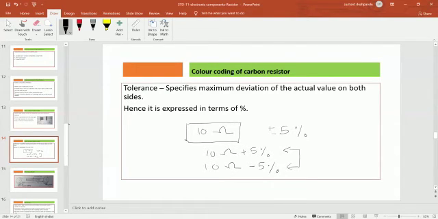This is called tolerance. Clear? It specifies the maximum deviation. It will not give exactly 10 ohm. It will give 10 ohm plus 5% of 10 and 10 ohm minus 5% of 10. Let's calculate what is 5% of 10. I will give you 1 minute.